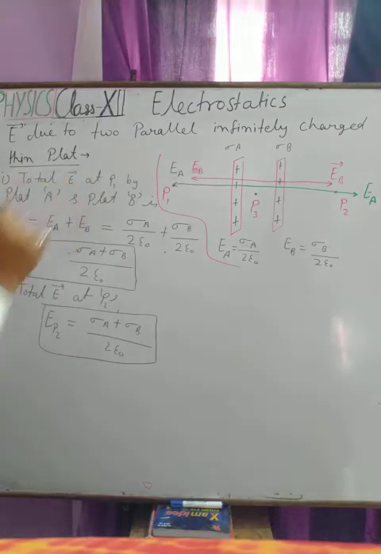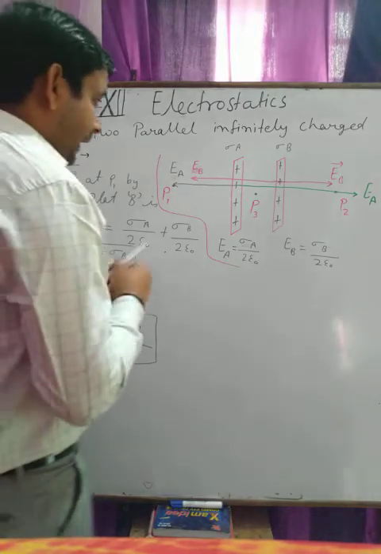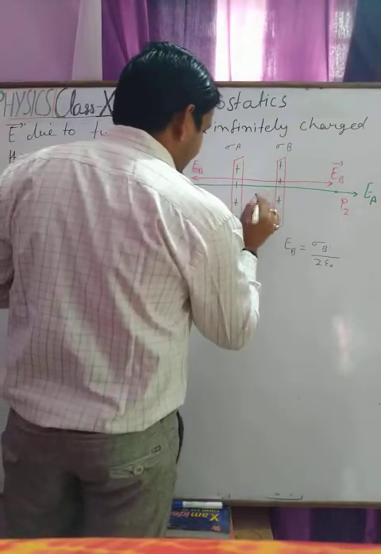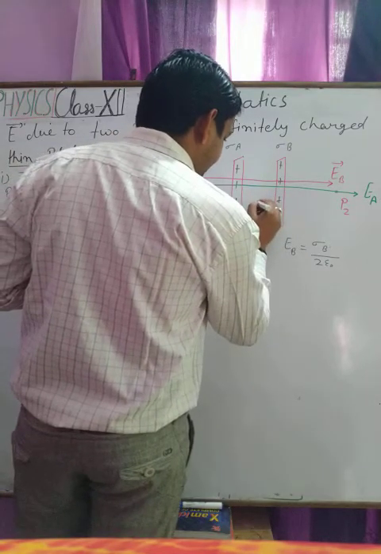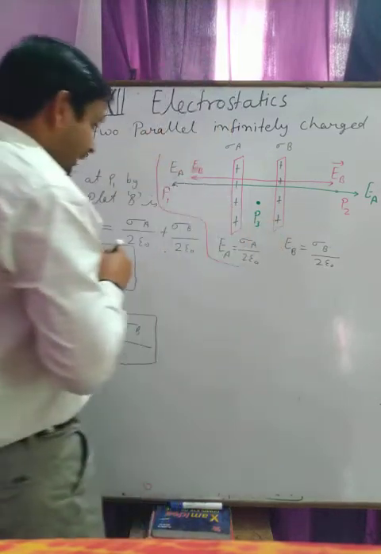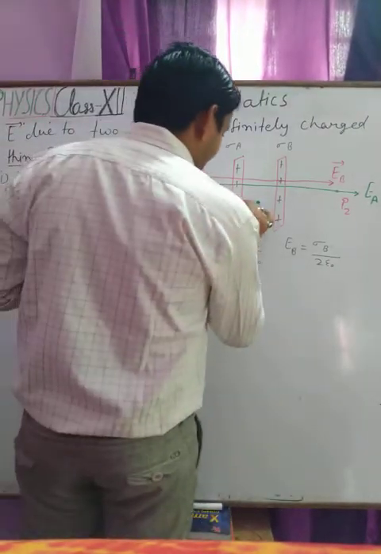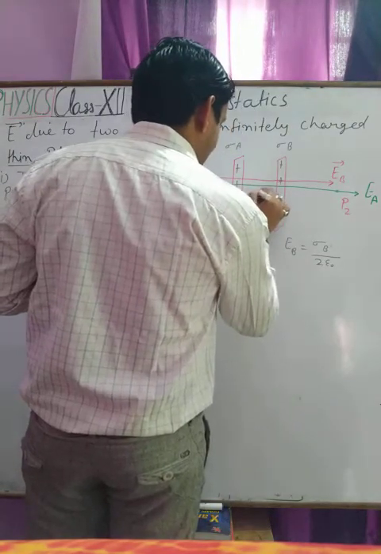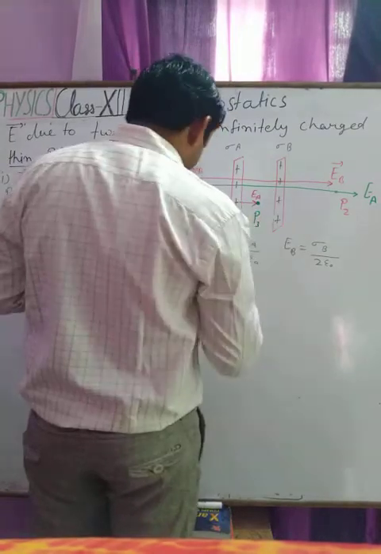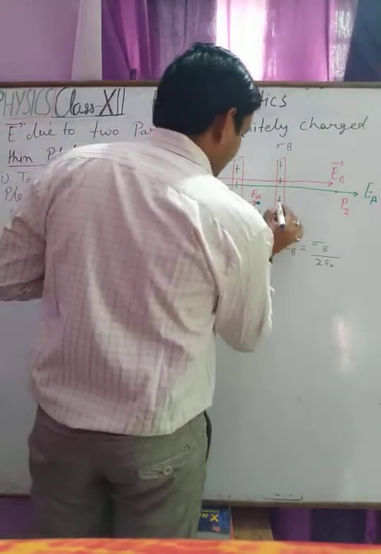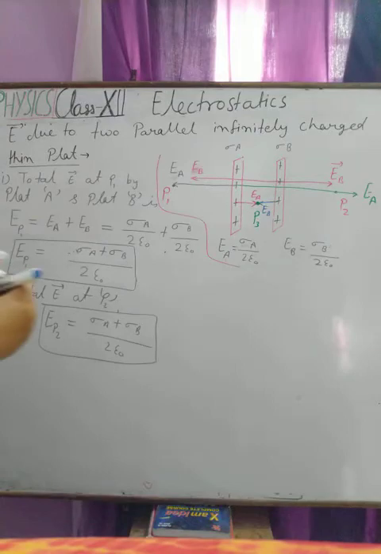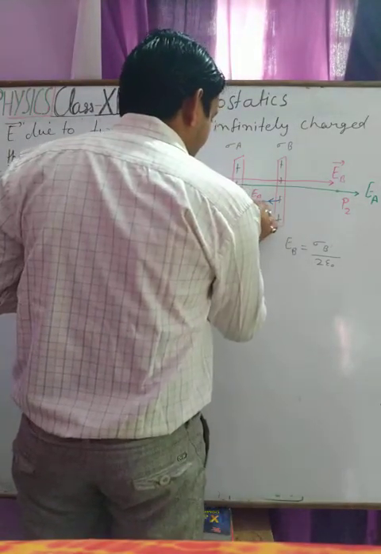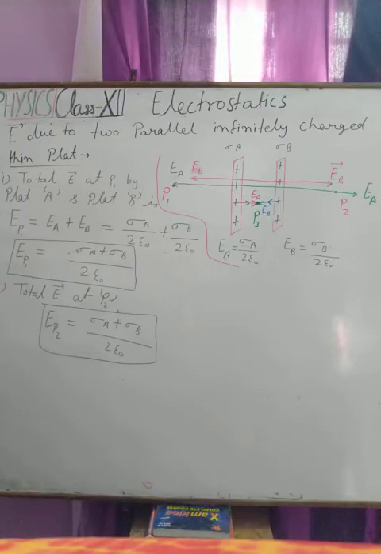Now we are calculating the electric field at P3. Now the electric field at point P3 due to plate A is this, and due to plate B, so we are finding, student, the electric fields are in opposite direction.